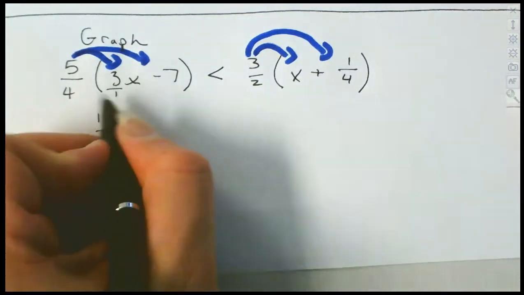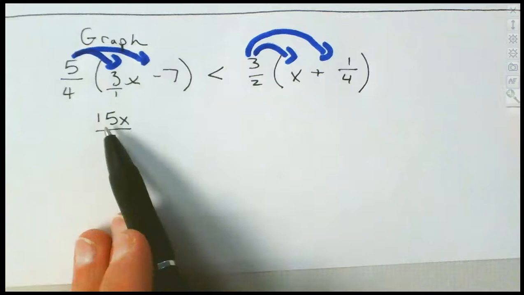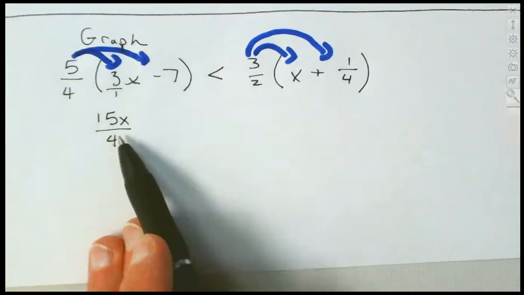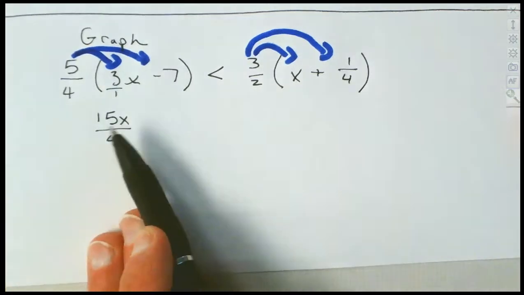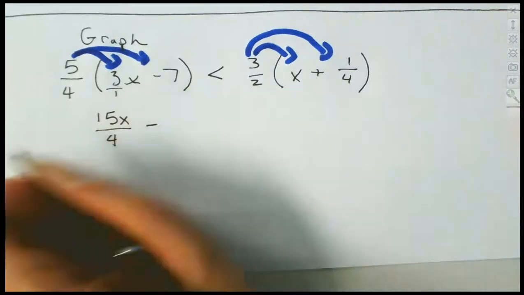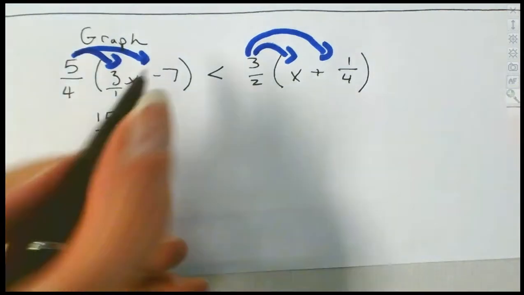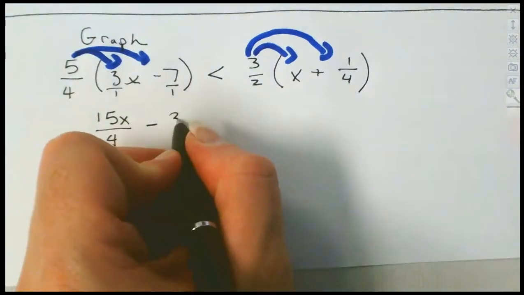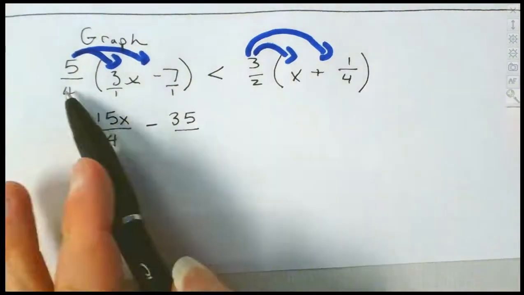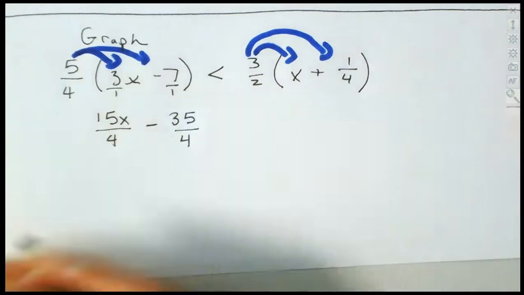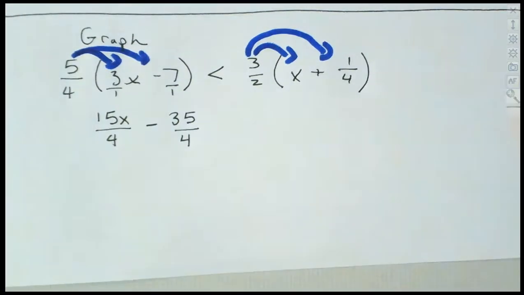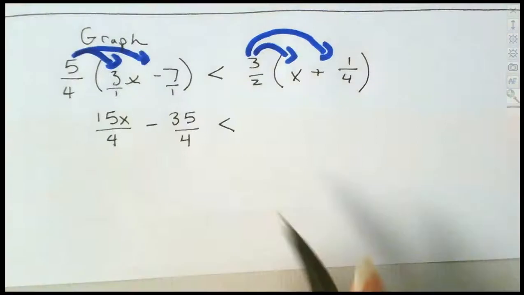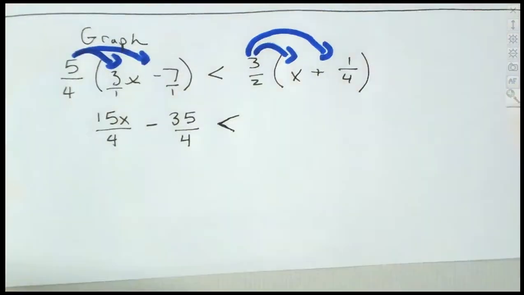So 5 times 3 is your 15. 4 times 1 is the 4 down there. X just goes on the top. Then we have a minus. 5 times 7 is a 35. 4 times 1 is a 4 down below. Inequality symbol stays the same.